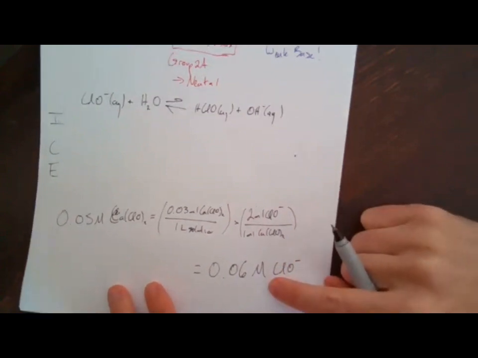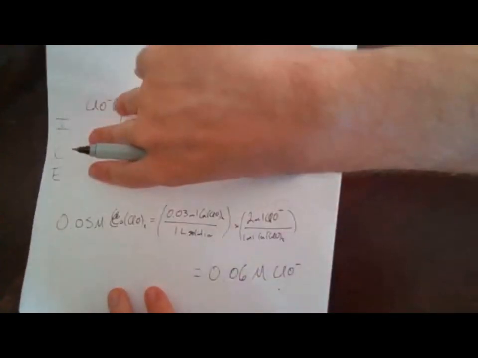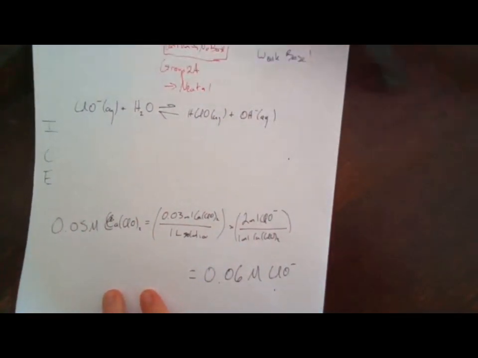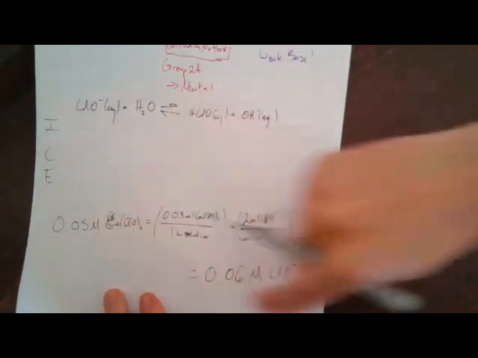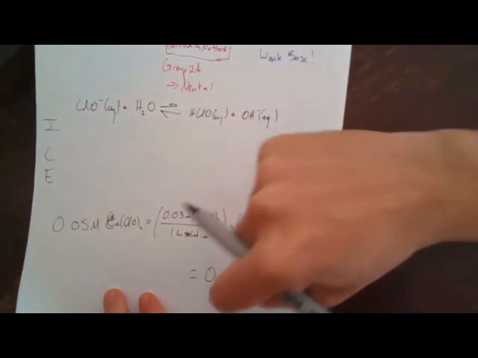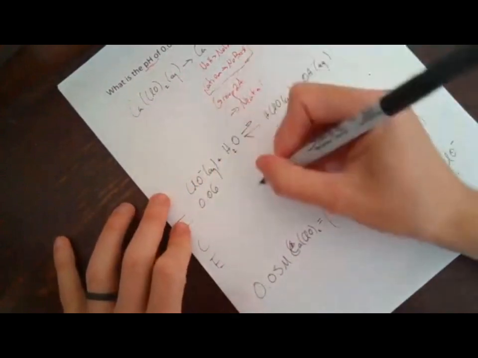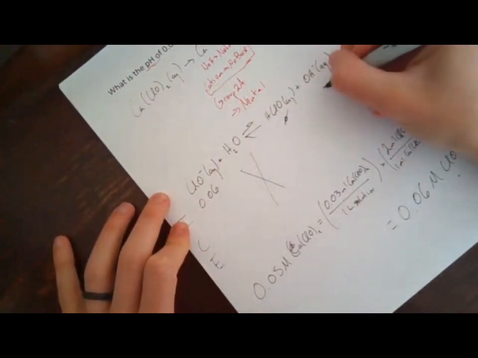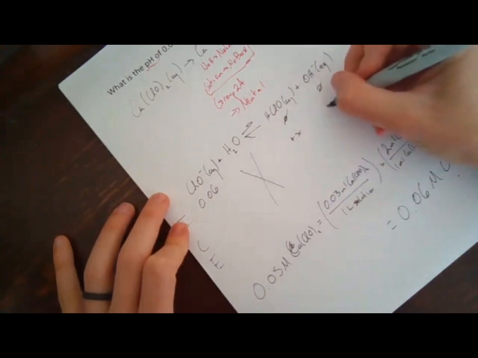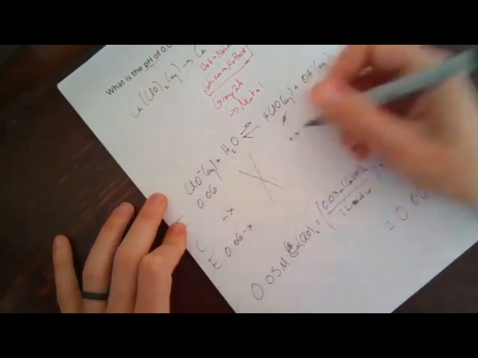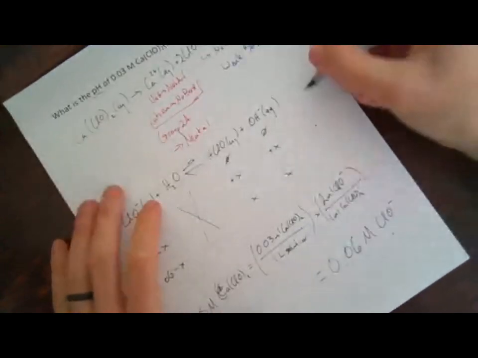So when we're dealing with a salt, basically it's a weak base problem, but the wrapper around it is to figure out whether it's a weak acid or weak base, figure out what type of salt it is, and figure out your initial concentration. This 0.06 is what goes right there. Otherwise, your ICE table works the same: 0.06 minus x, x, and x.